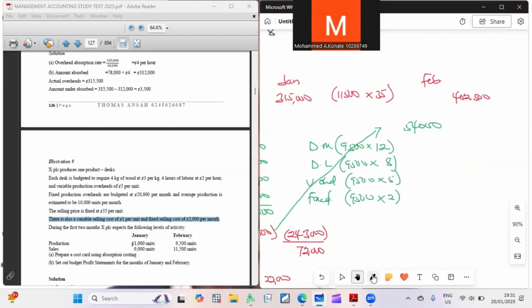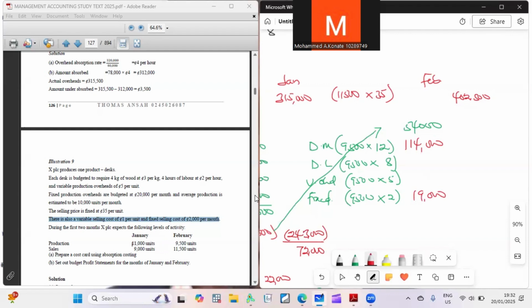So now, let's do it quickly. 9,500 multiplied by 12 is 114. Yeah, I'm doing it from the bottom. 9,500 multiplied by 2 gives 19,000.